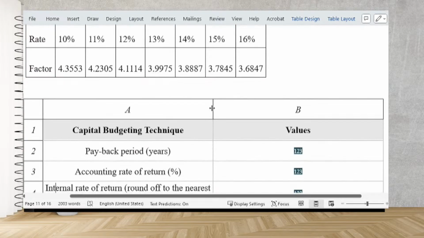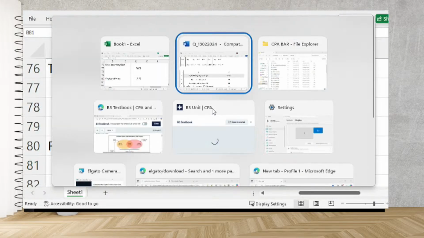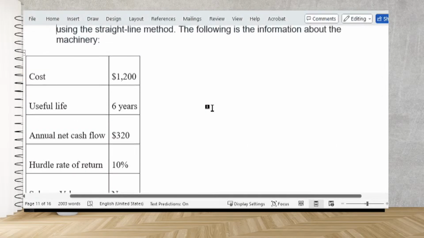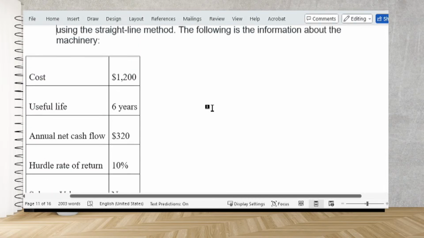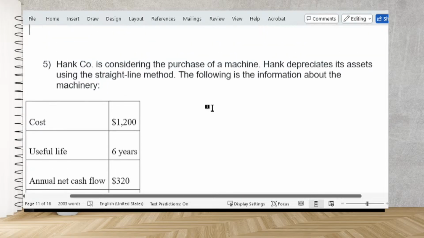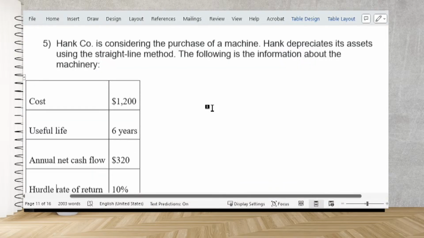After that, accounting rate of return, ARR. So ARR you can calculate from the information: useful life, annual hurdle rate they give, cost 1200 and the annual cash flow. 1200, annual net cash flow 320, minus 200 for depreciation.